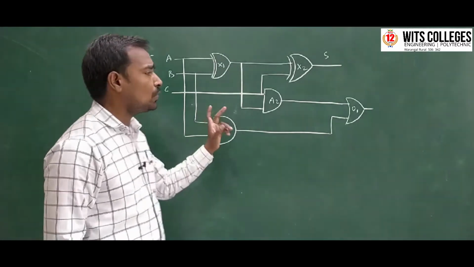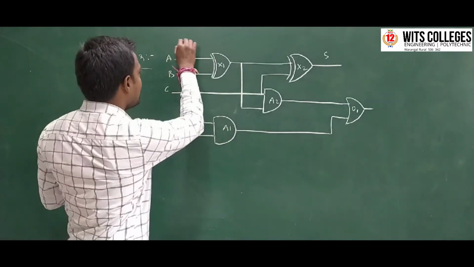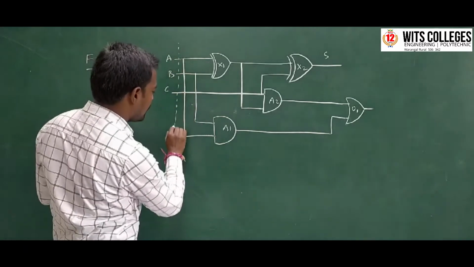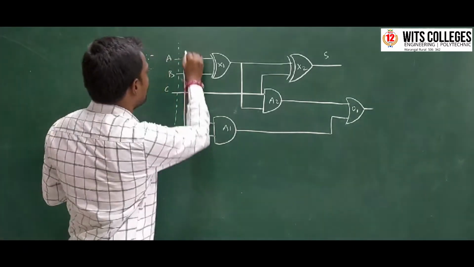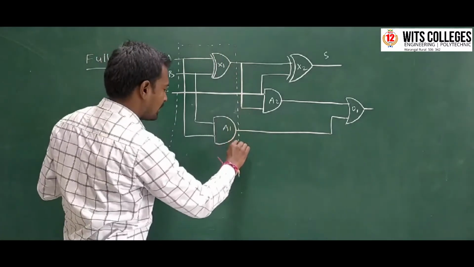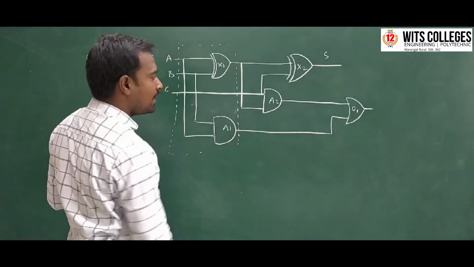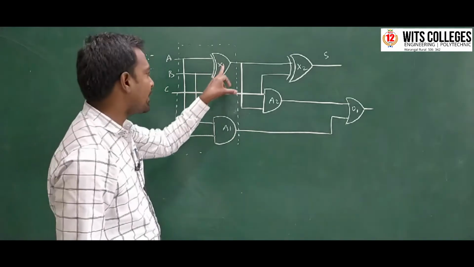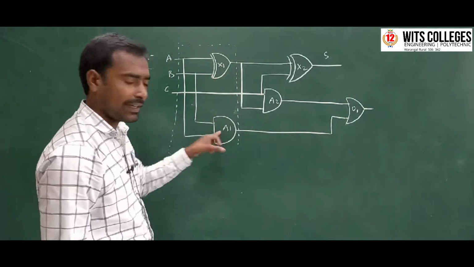Here I am using two half adders. This is one half adder circuit, used to perform the addition of two binary numbers. Here I am using exclusive OR gate 1 and AND gate 1.